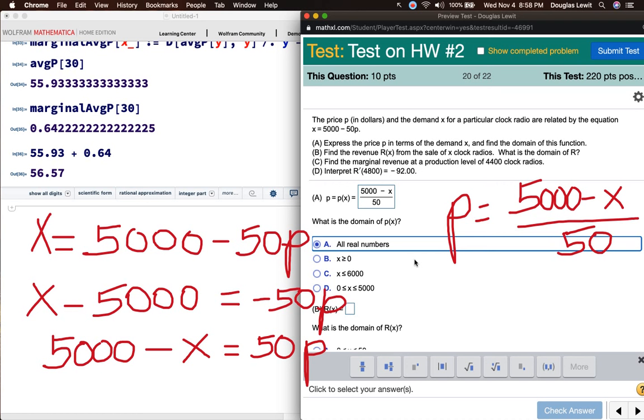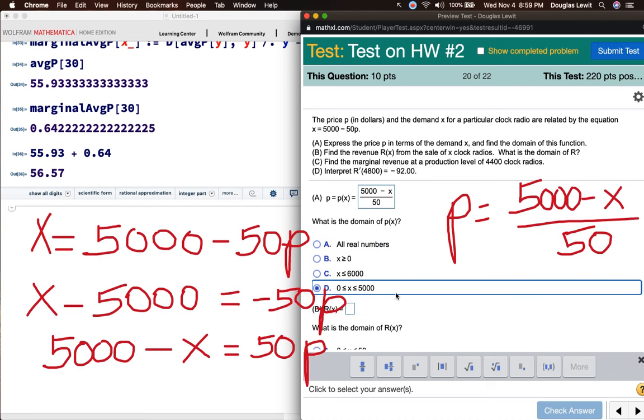You can't have a negative demand and you can't have a negative price, which means x has to be between 0 and 5,000. If x is less than 0, that wouldn't make any sense, because then you have a negative demand for the clock radio. And if x is more than 5,000, that means that the clock radio will have a negative price, which means that the company will pay people to use their clock radio, and that wouldn't make any sense. So that means that x has to be between 0 and 5,000.